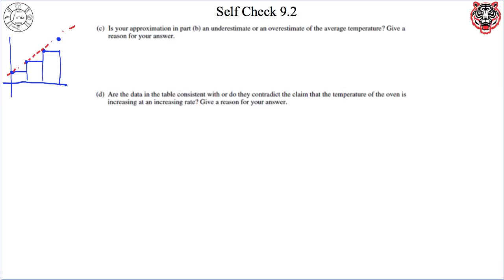All right, so to answer the question, the approximation using a left Riemann sum is an underestimate.